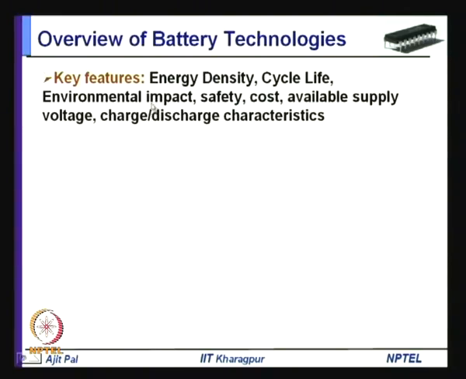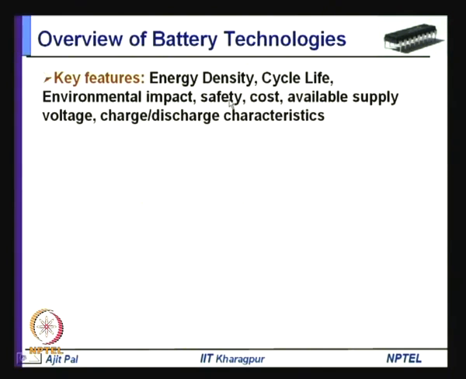Cadmium is a very toxic material, and obviously, those nickel cadmium batteries are to be handled with care, and after the battery becomes unusable, you should not discard it anywhere. You should carefully dispose of it, so that it does not go to the environment, otherwise it may be harmful to life. That means it has impact on the environment because it releases toxic material.